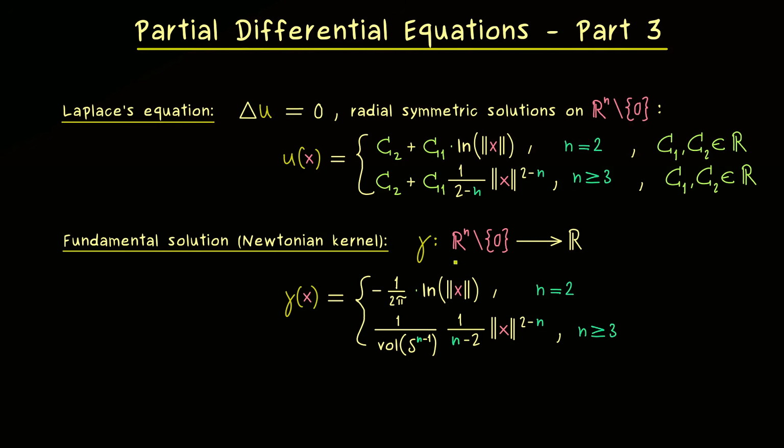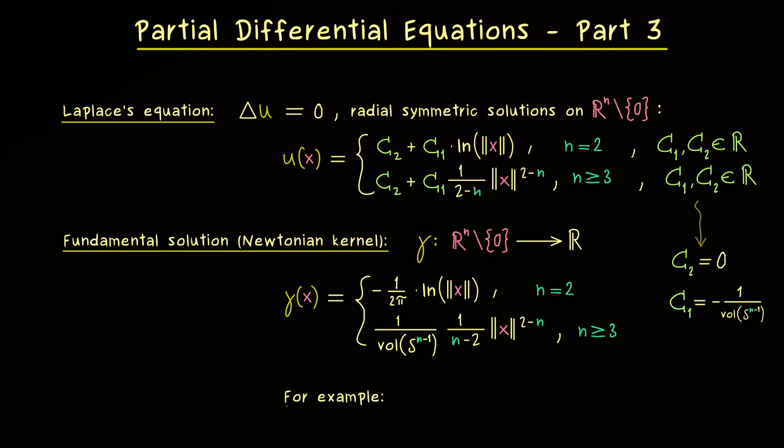Therefore, what you should recognize in general is that we have a quite simple choice for the constants from before. We completely ignore c2, and for c1 we put in the volume of the n-1 dimensional unit sphere. But we also choose a minus sign there to make it positive around 0. So please note here that the unit circle S1 has a circumference of 2 pi.